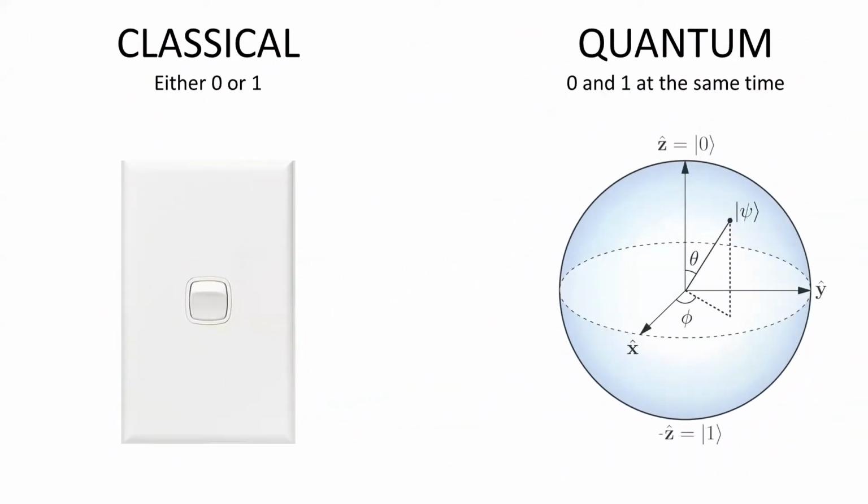Okay, so the Bloch Sphere is a very important concept and a way of mathematically distinguishing between classical and quantum computing. Now, on the left, we've got a classical digital computer, which is basically every single computer that has ever been works this way.